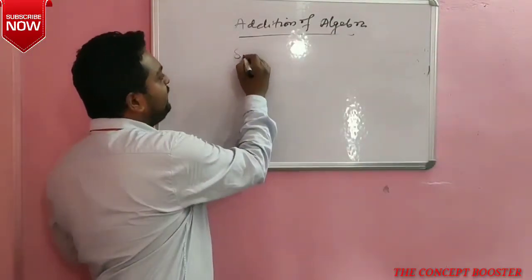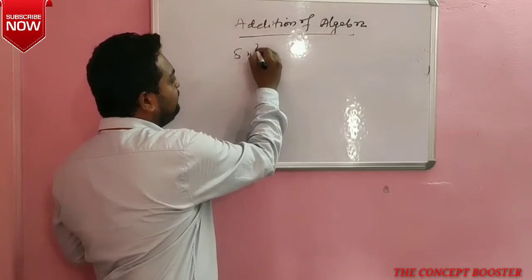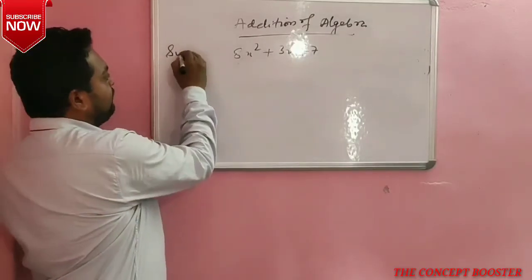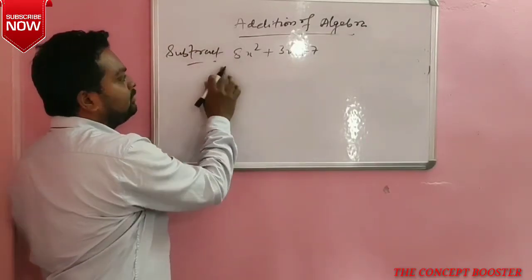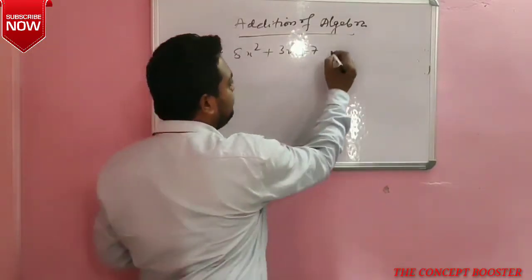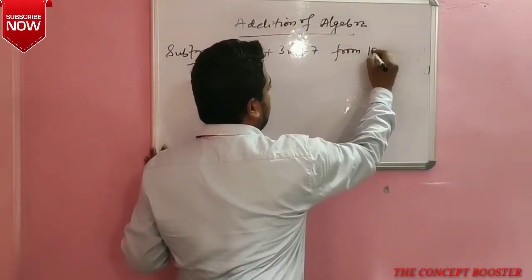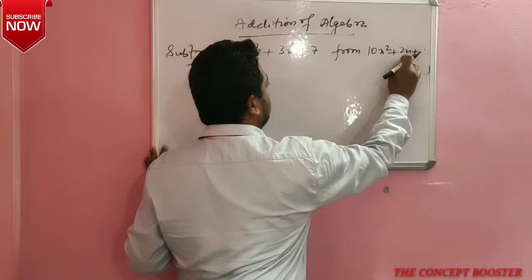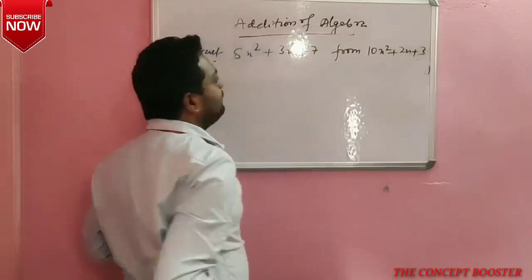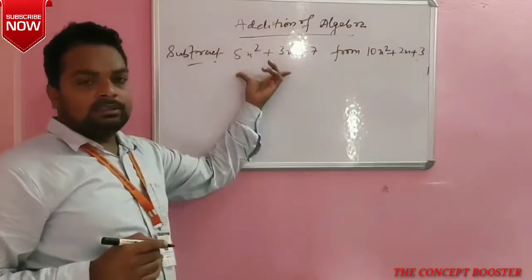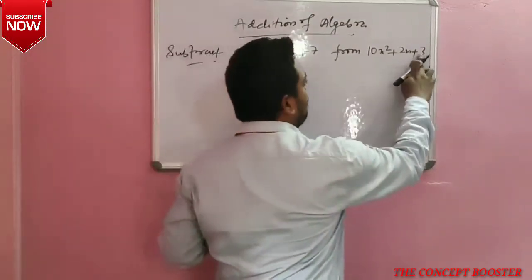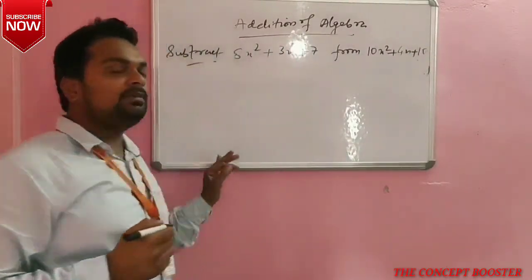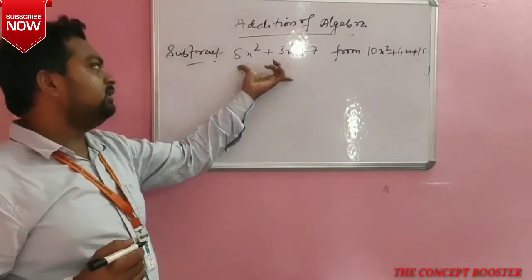Okay, so suppose we have 8x square plus 3x plus 7, and we have to subtract this from 10x square plus 4x plus 10. I took 4x and 10 for simplicity, so it will become easy for you for this time, because it is the initial expression.